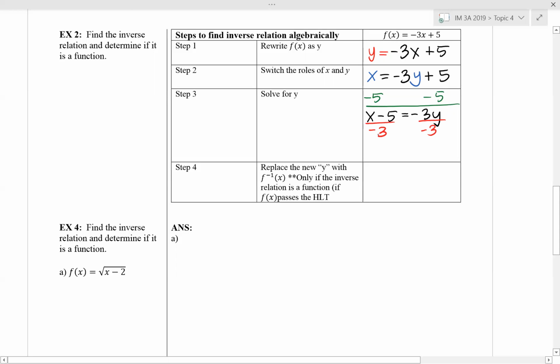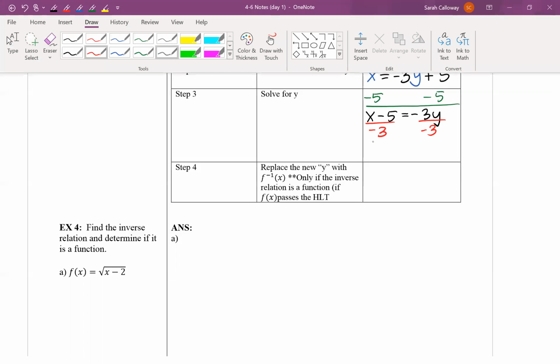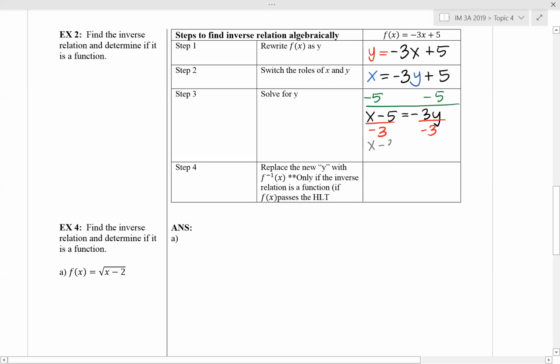So one thing to note is that this equation, x minus 5 over negative 3, is an acceptable way to write the inverse of the function. However, if this were a multiple choice question, it could be that they simplified this to be in slope-intercept form. Remember that when I have a linear function, it's typical for it to be in slope-intercept, or y equals mx plus b, form.